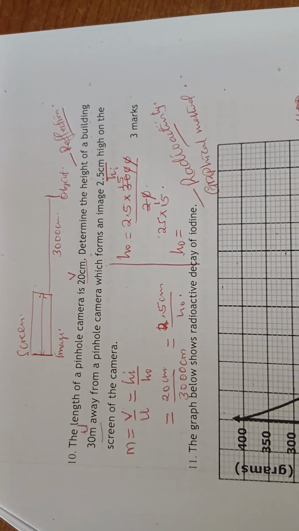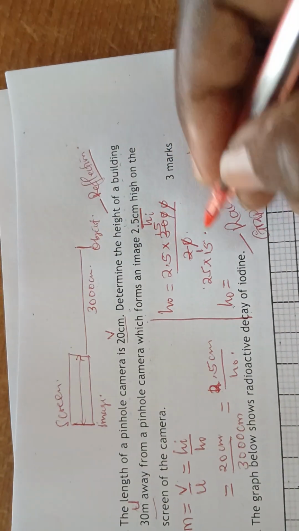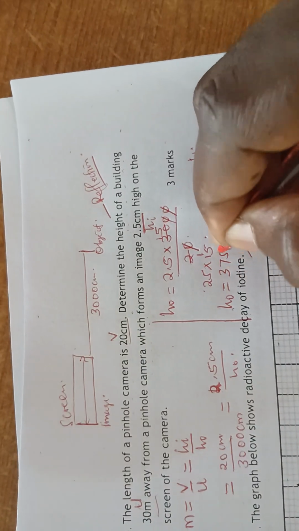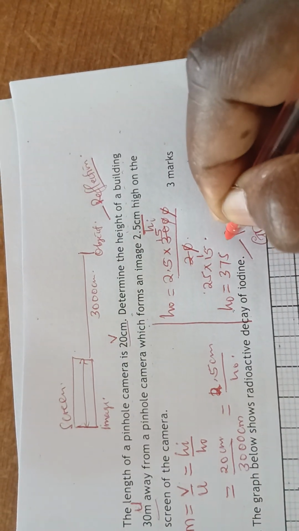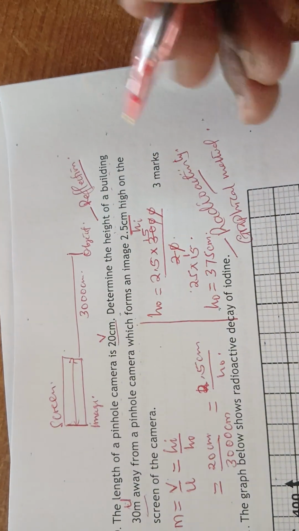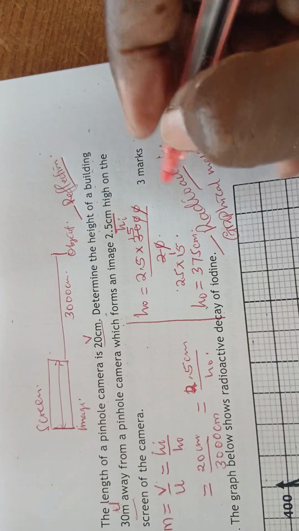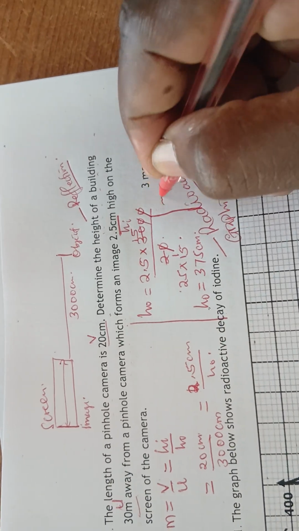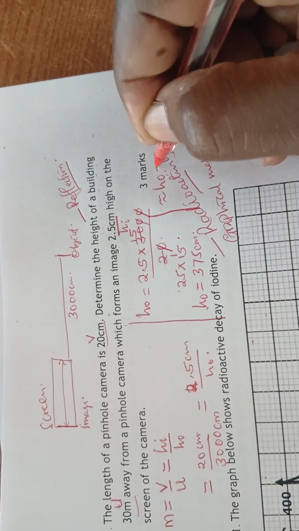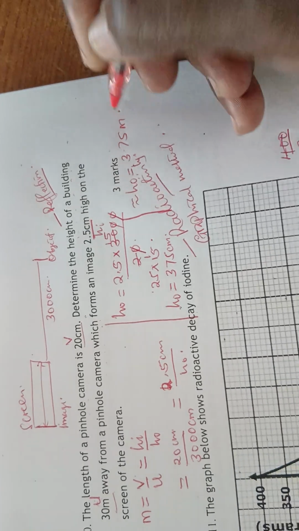I believe it is doable and you can do it. So this one gives us 375 centimeters, which is equivalent to 3.75. So we can convert it and say that our h naught is 3.75 meters.